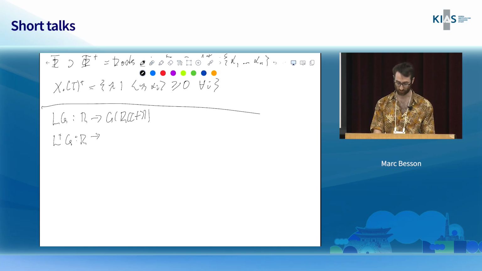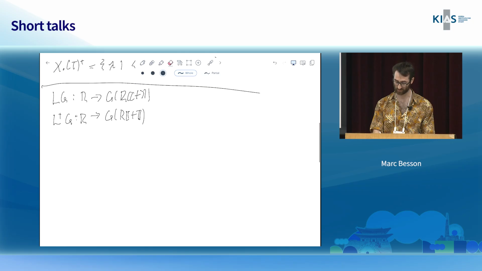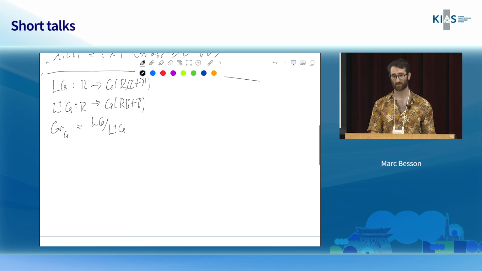We have the arc group, which sends R to G valued in Taylor series over t. And then we have the affine Grassmannian, which is the quotient. And this is represented by an ind-projective ind-scheme over C.